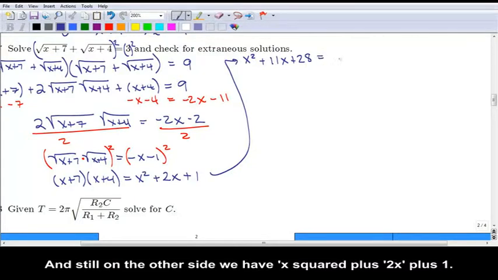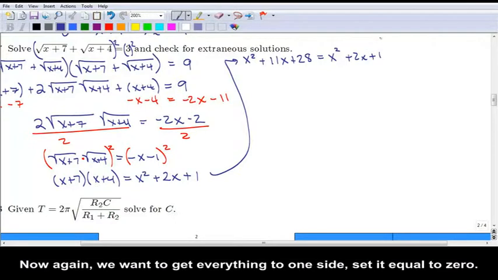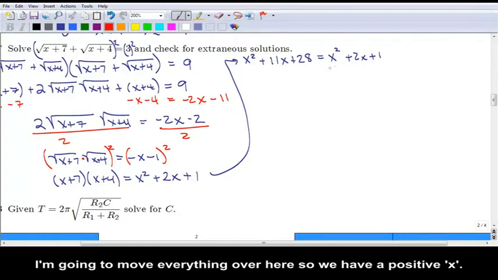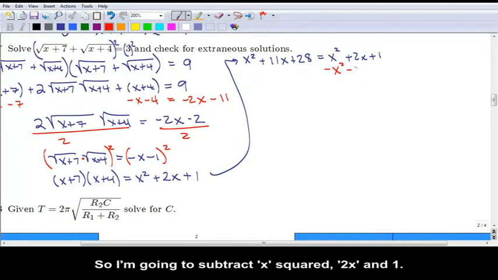And still on the other side, we have x squared plus 2x plus 1. Now, again, we want to get everything to one side, set it equal to 0. It doesn't matter which way. Since the x squareds are going to subtract out, I'm going to move everything over here so we have a positive x. So I'm going to subtract x squared, 2x, and 1.